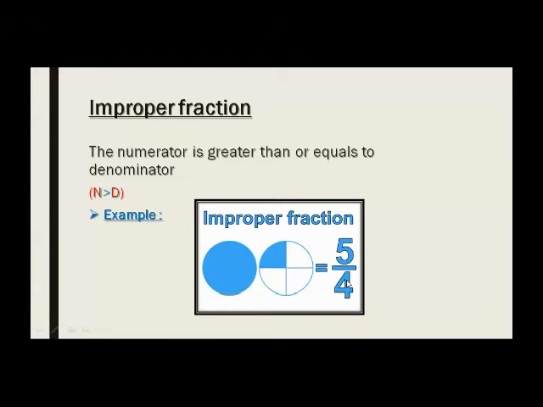When you compare 5 with 4, 5 is greater than 4, that's why we call it an improper fraction.